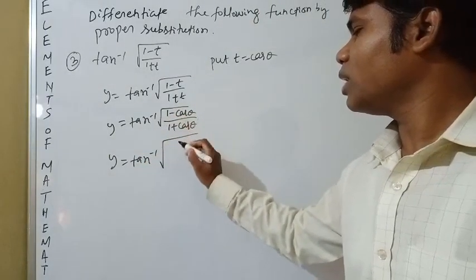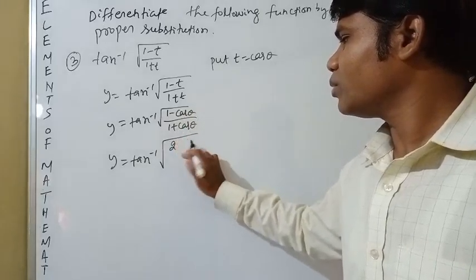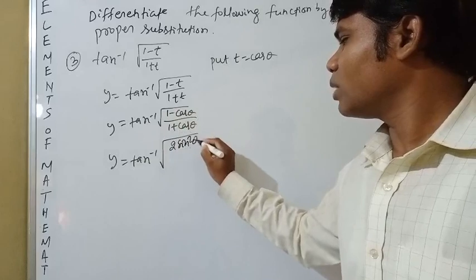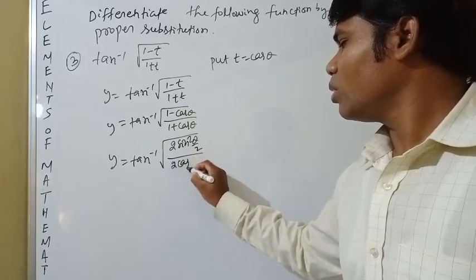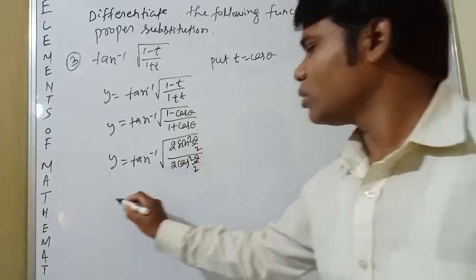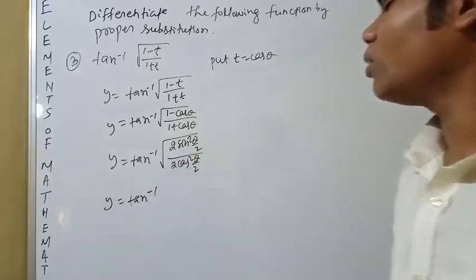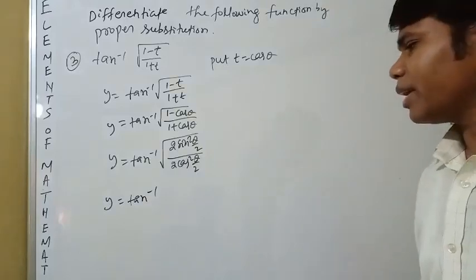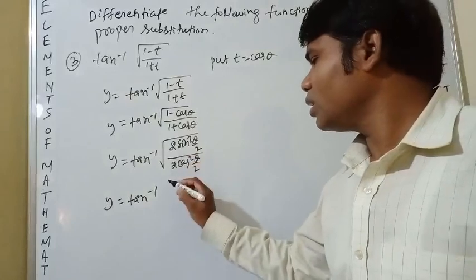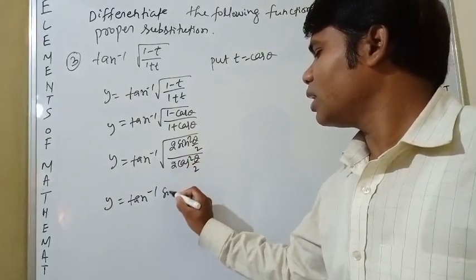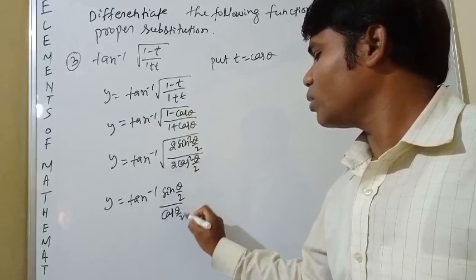1 minus cos theta is equal to 2 sin square theta by 2. 1 plus cos theta is equal to 2 cos square theta by 2. Y is equal to tan inverse, 2 will cancel out, root over sin square theta by 2 by cos square theta by 2, that is sin theta by 2 by cos theta by 2.